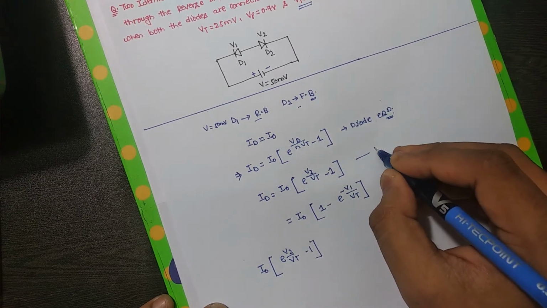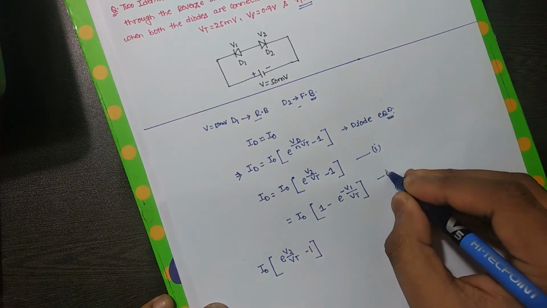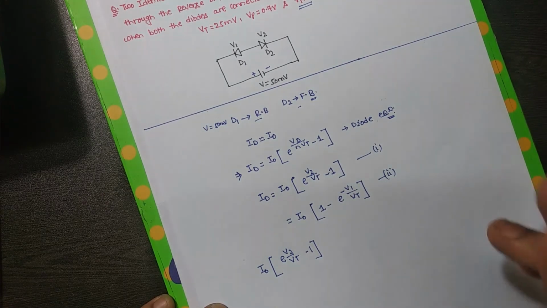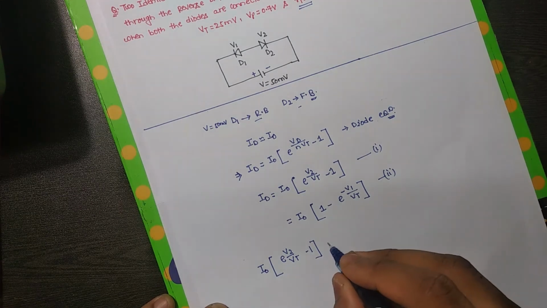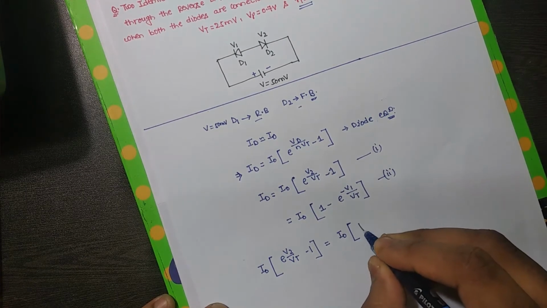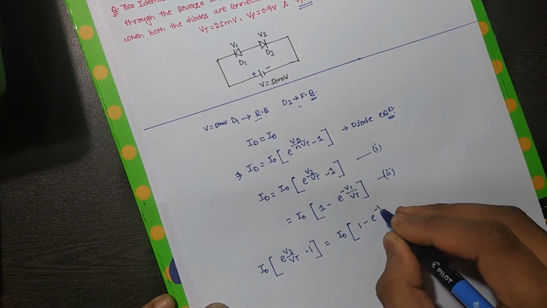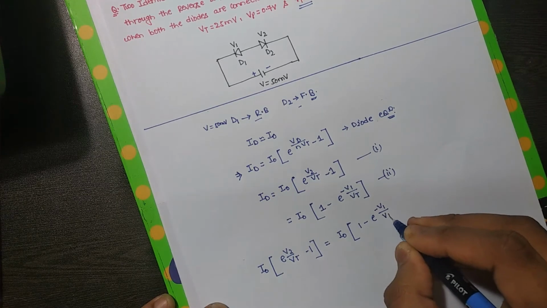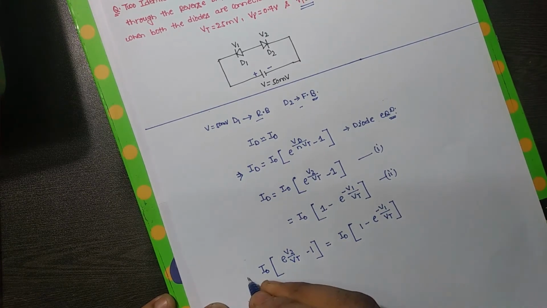I have done nothing, I have just used these two equations because the current will flow with the same magnitude but opposite in direction, with the same diode. So I naught 1 minus e to the power minus V1 by Vt. So this much we can write easily.